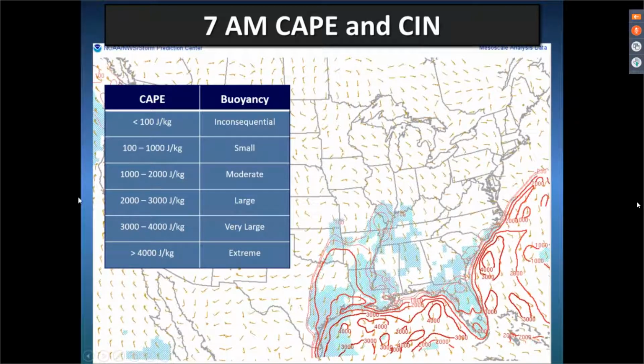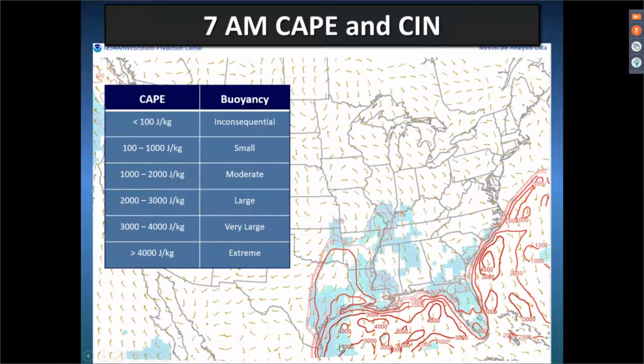Here's the SPC mesoanalysis that morning, showing the CAPE and the CIN, or the convective inhibition, across the eastern part of the country. We can see here in Middle Tennessee, there's no CAPE present. The CAPE is defined by these thick red lines here, and you can see down here in the Gulf of Mexico, there's some 3,000s and 4,000s.